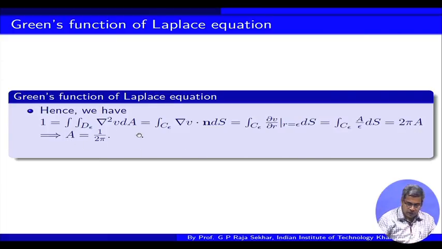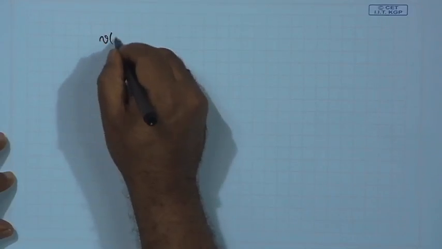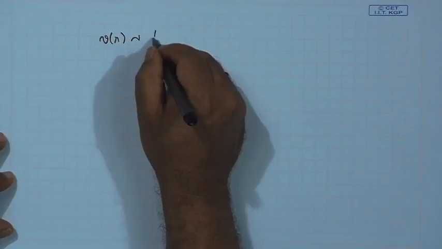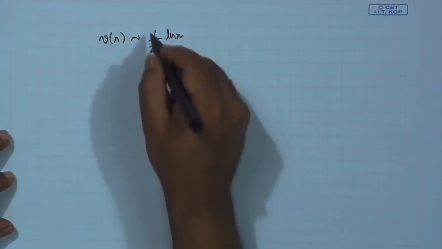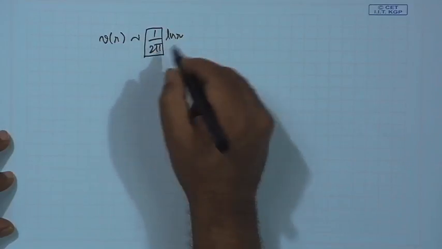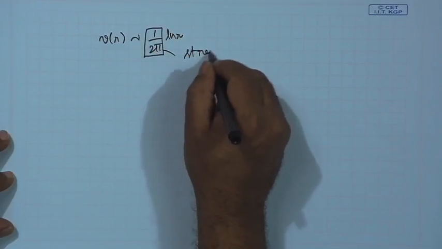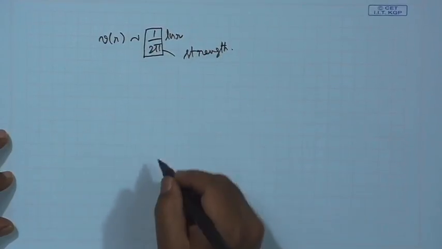So, that means we have determined the strength of free space Green's function in 2 dimensions. Okay.